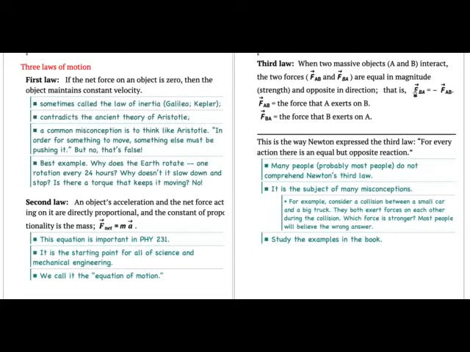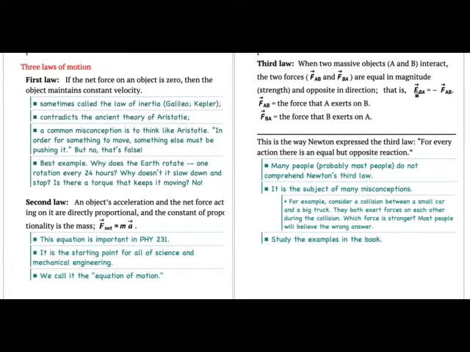In other words, let FAB be the force that A exerts on B. So A is pushing B. There must be another force, FBA. That's the force that B exerts on A. B is pushing back. It must. And FBA is negative FAB.